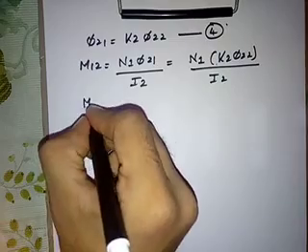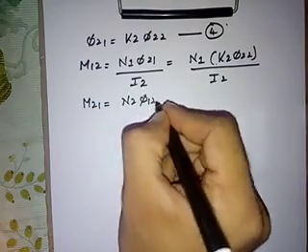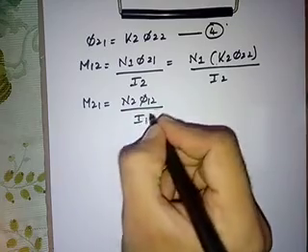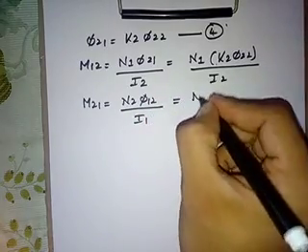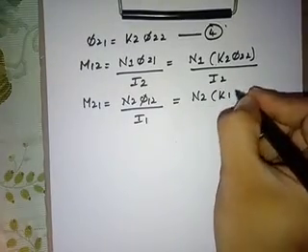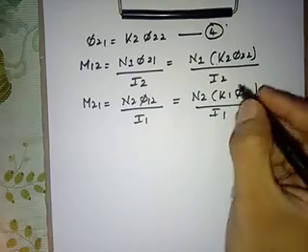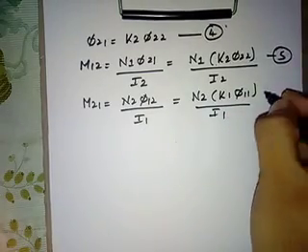Similarly, M21 is equal to N2 phi 12 divided by I1. This is equal to N2, and phi 12 we wrote just now, so it is K1 phi 11 divided by I1.